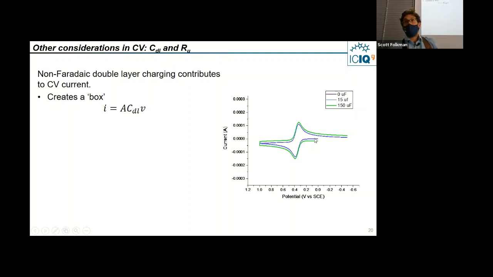And oftentimes this can be used to estimate areas. If we go a little bit further, we look at 1.5 millifarads, we see this huge box, right? And so this double layer charging occurs here that again adds linearly with the Faradaic current, and then we have this box-like feature.